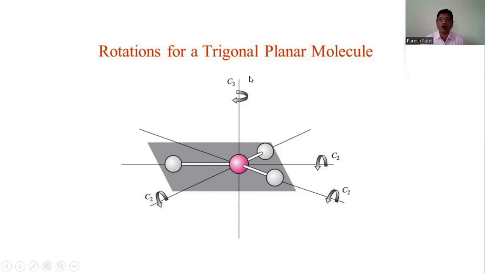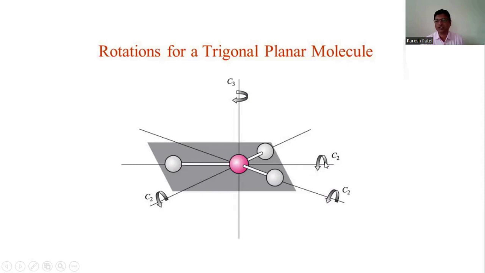Now, in the case of BF3, if we rotate this molecule along another imaginary axis around 180 degrees to get the equivalent orientation position, this can be recognized as C2. Why C2?